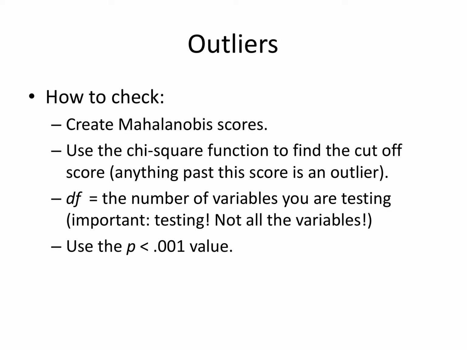So we're going to use chi-square as our cutoff to match what we know about the way that Mahalanobis works. So if you're using R, you'll use the chi-square function. It will tell you that cutoff score, and you'll find a way to exclude people who are bigger than that cutoff score. If you're using Excel, you're more likely going to be using a z-score, some sort of z-score function.